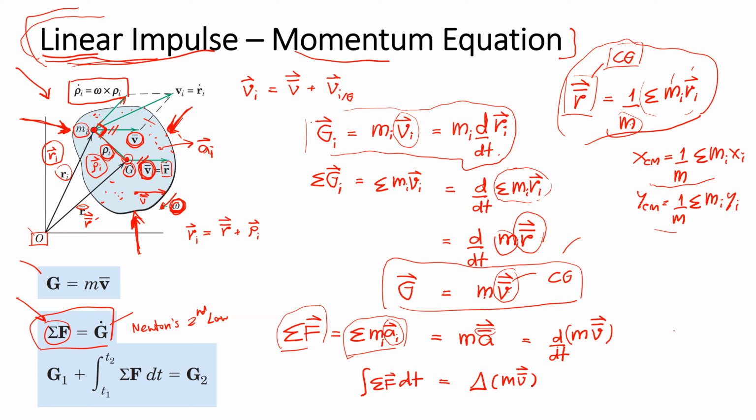This means if we have the summation of force, the integral of force dt is impulse, linear impulse. The linear impulse is equal to the change of the linear momentum.